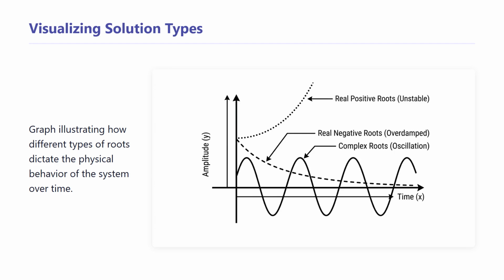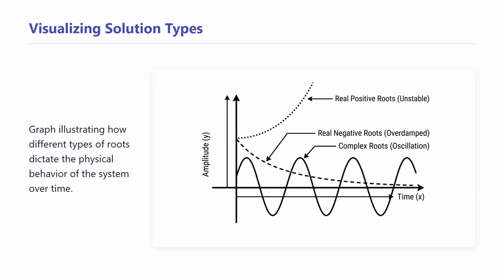Let us bring all of this together visually. On this graph, the horizontal axis represents time, and the vertical axis represents the amplitude or position of our system. Look at the dotted line shooting upwards. This represents real positive roots, an unstable system growing out of control.